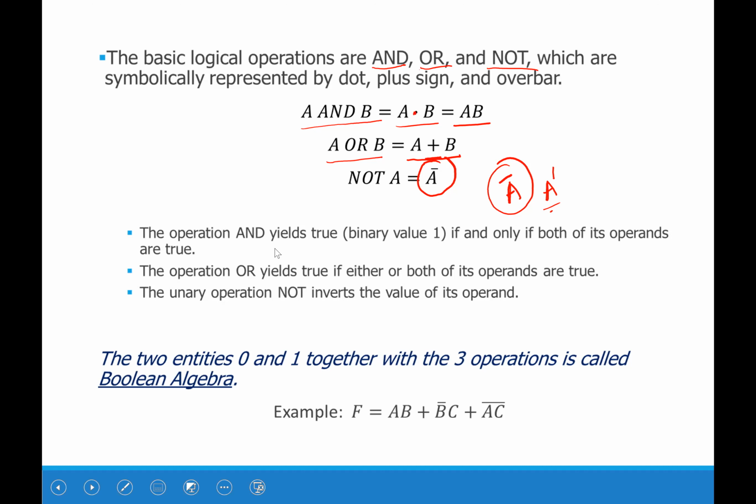Here I'm taking the logical multiplication of A and B. If this multiplication is equal to 1, that happens only when both inputs are equal to 1. Remember, that happens only when A is equal to 1 and B is equal to 1.